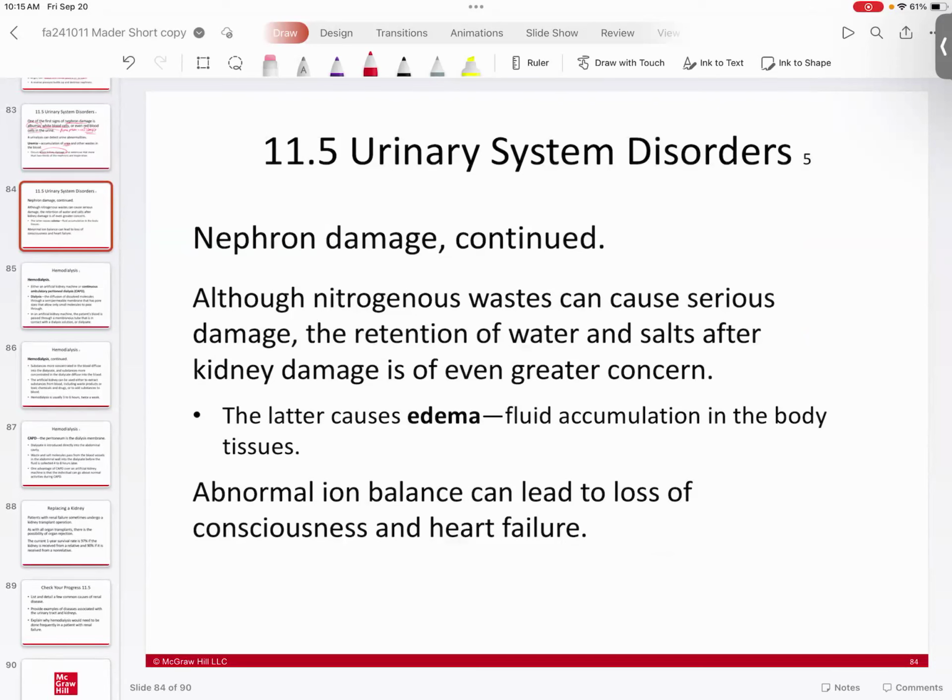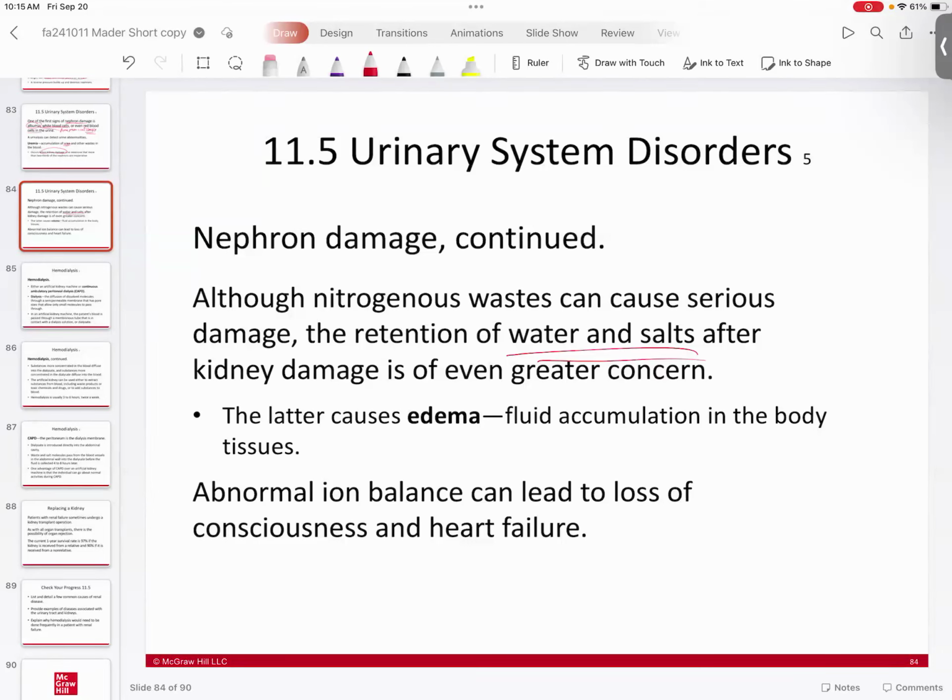So the nitrogenous wastes are serious types of molecules. You don't want them to linger. They can cause a lot of damage, but you can also foul up your water salt balance with backing up your nitrogenous base.